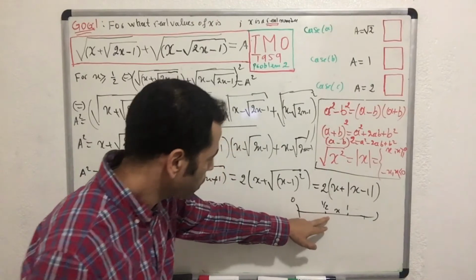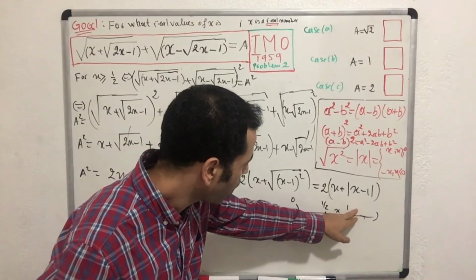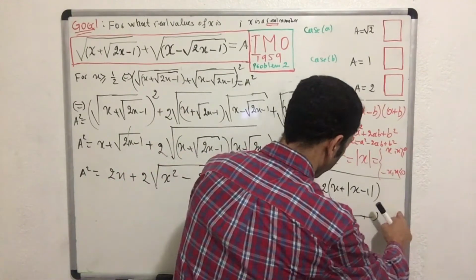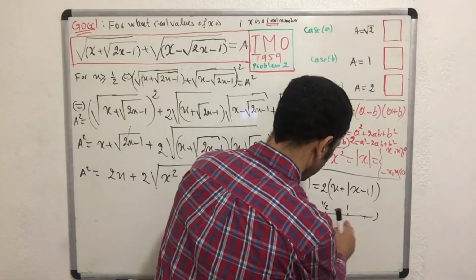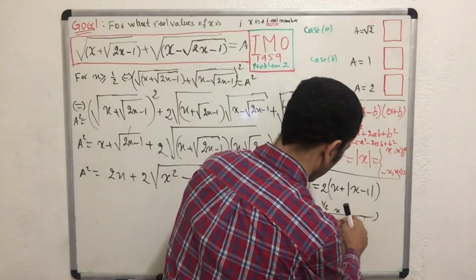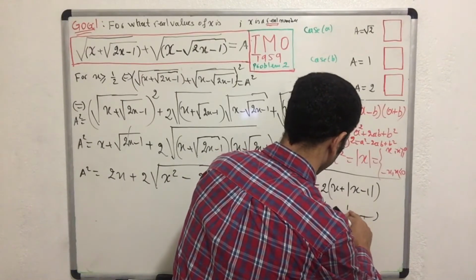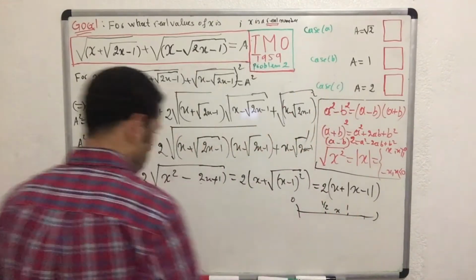Maybe your x is between 1 over 2 and 1, or after number 1. X is playing from 1 over 2 to infinity, but we don't know in this case if x is between 1 over 2 and 1 or after 1, okay? Or x is greater than number 1, okay?